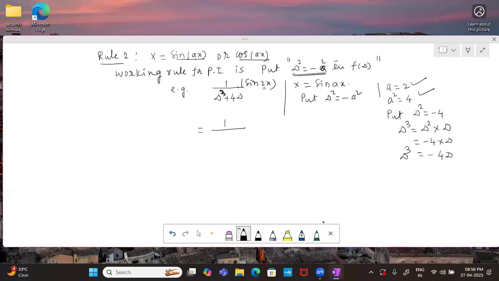D cube is minus 4d. It is minus 4d plus 4d operating on sine 2x. So minus 4d plus 4d is 0. Rule fails.